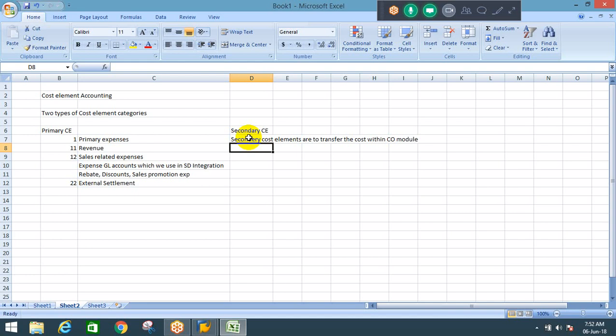So primary cost elements are to transfer the values from FI to CO, but secondary cost elements transfer the values within CO module.